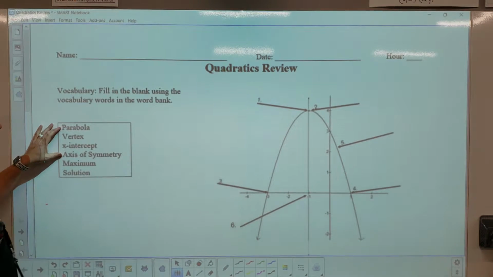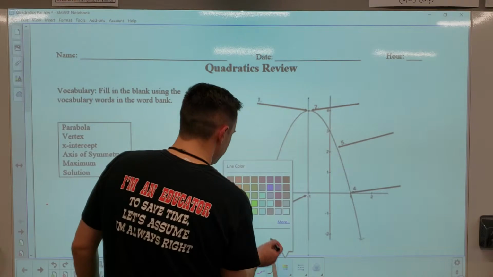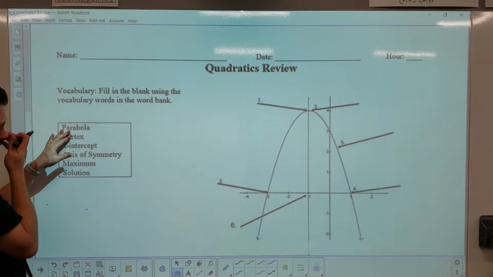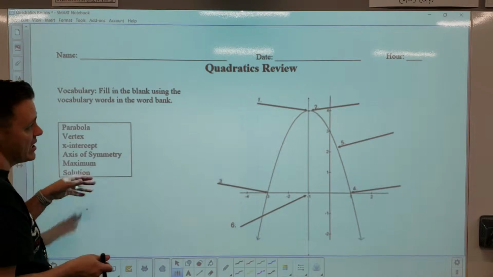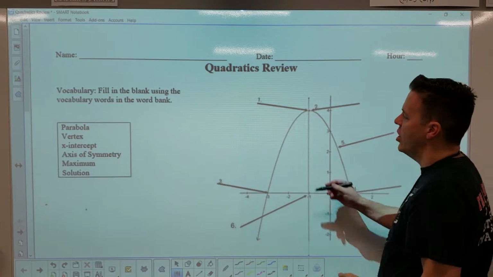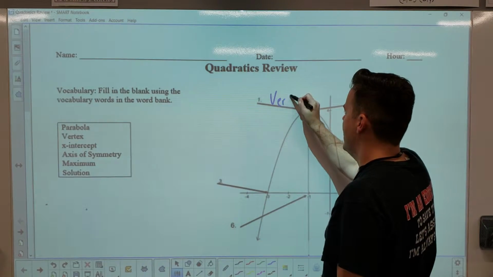So we have our list of vocabulary words, and you just had to match up the terms and definitions. The first ones we have here are parabola, vertex, x-intercept, axis of symmetry, maximum, and solution. So we started off here with 1 at the top. When you graph it up here at the top, this point would be your vertex.